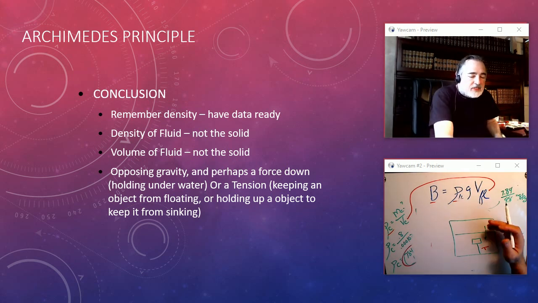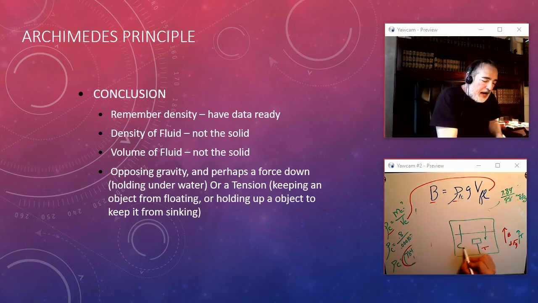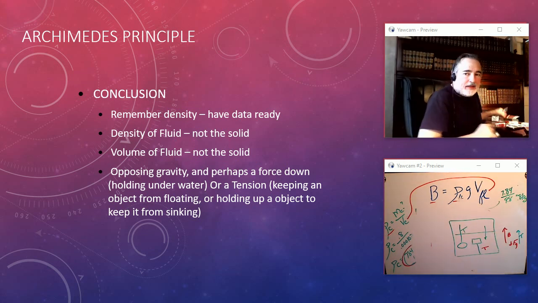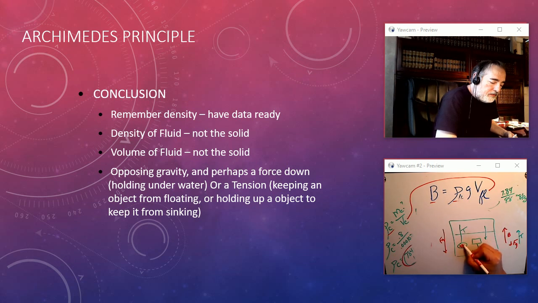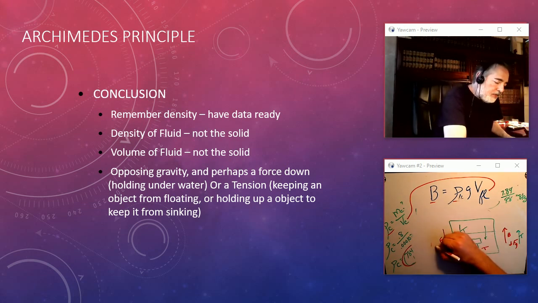So there's a tension. Let's say this was an iron ball. Obviously I have a tension here because the force of gravity for an iron ball, right, is greater than the buoyant force in this case.